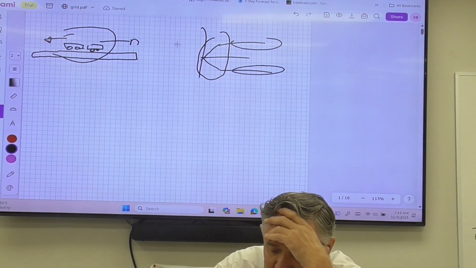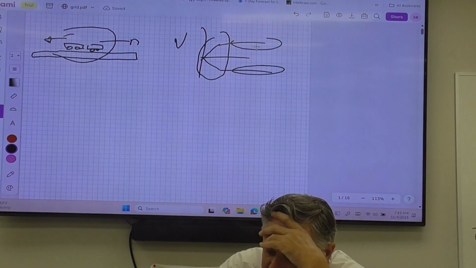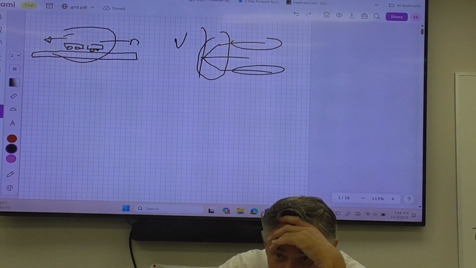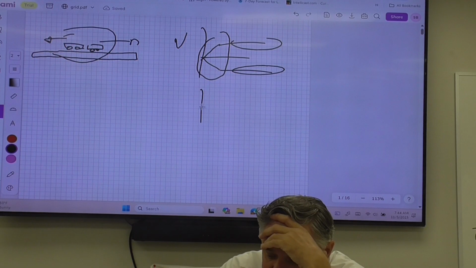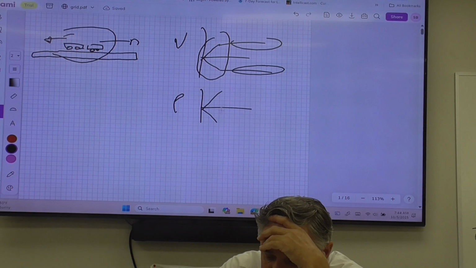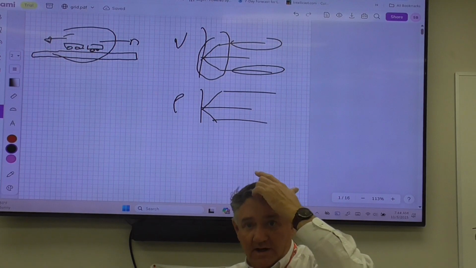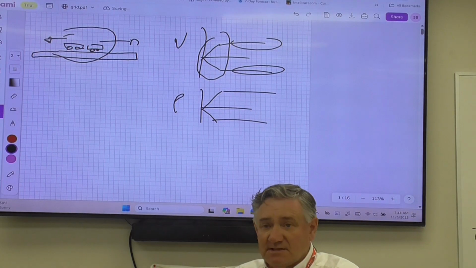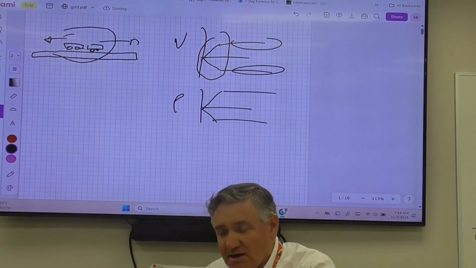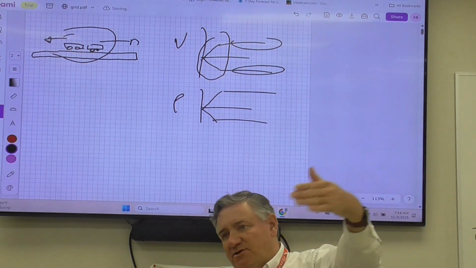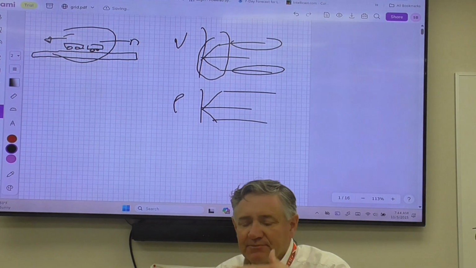So here's the bigger idea. If your velocity time graph is a horizontal line, that means your momentum time graph is going to mirror that. So if your velocity is constant, your momentum is constant. If your velocity is changing, your momentum is changing, okay?